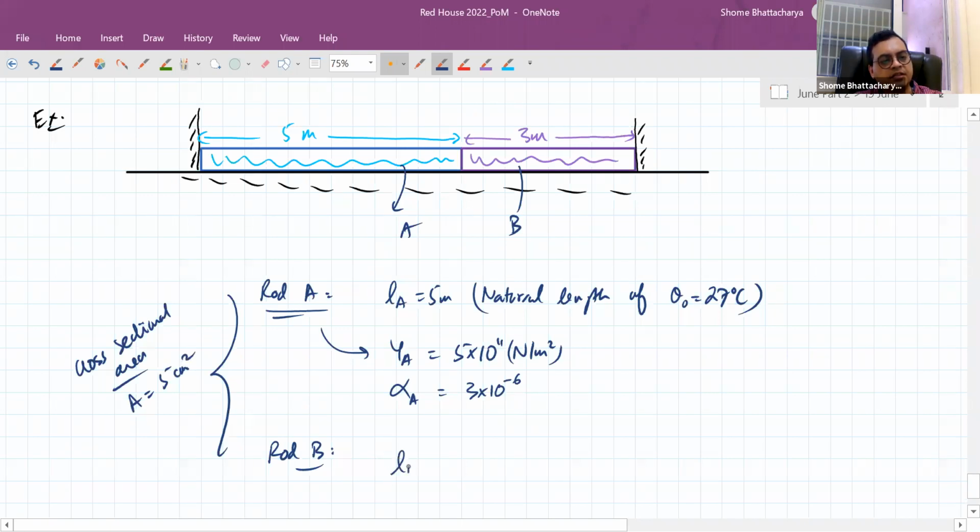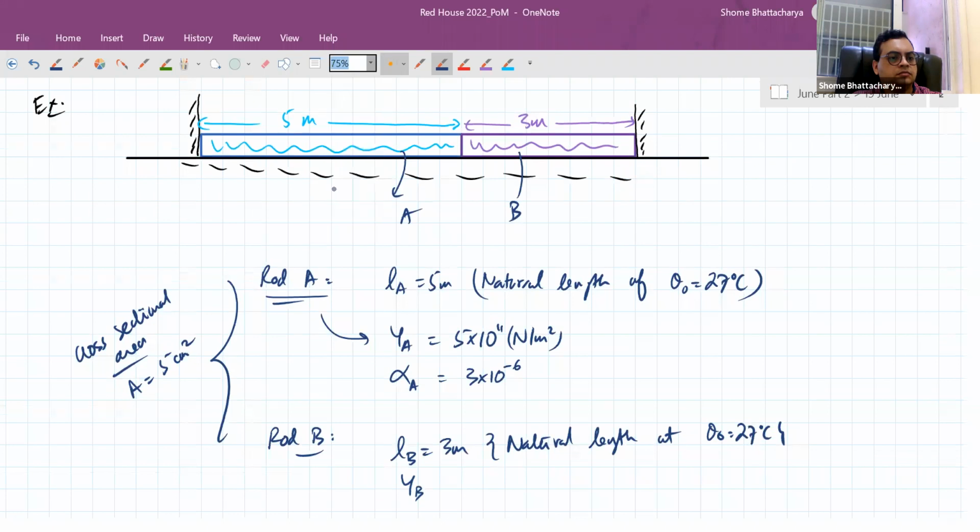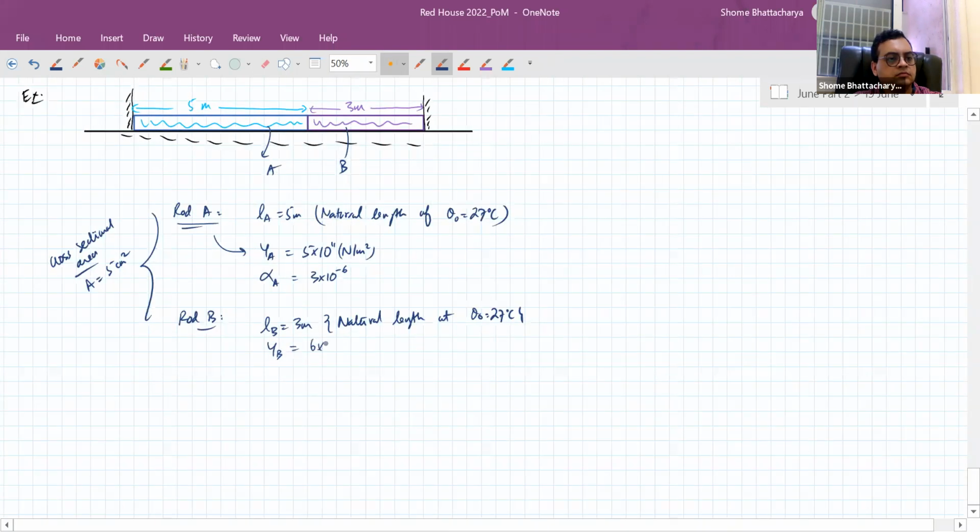Now rod B has natural length 3 meters at 27 degrees C. But it also has Young's modulus of elasticity and coefficient of thermal expansion. Okay.